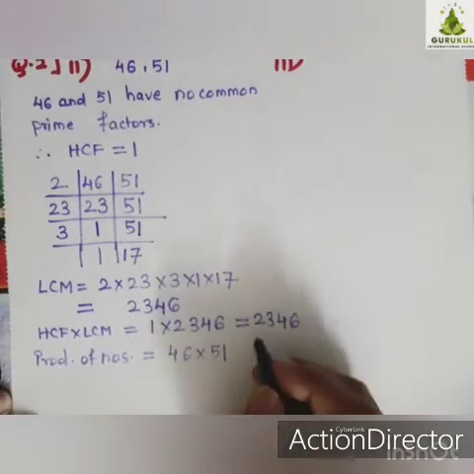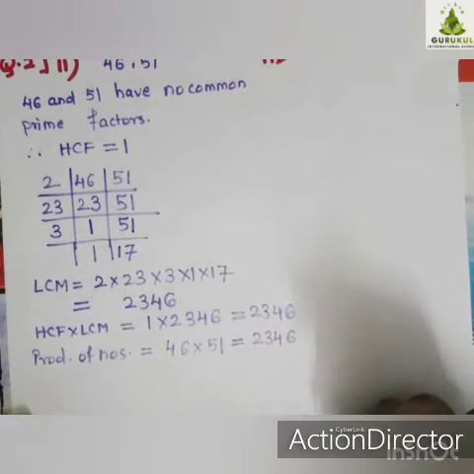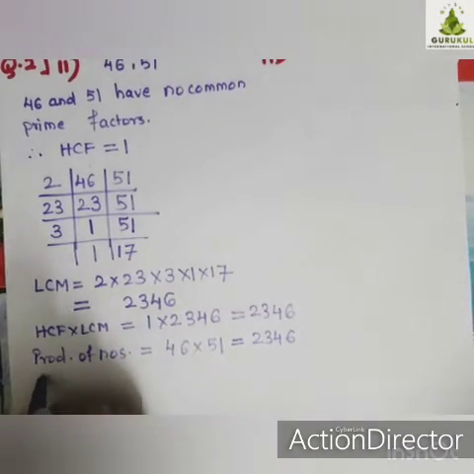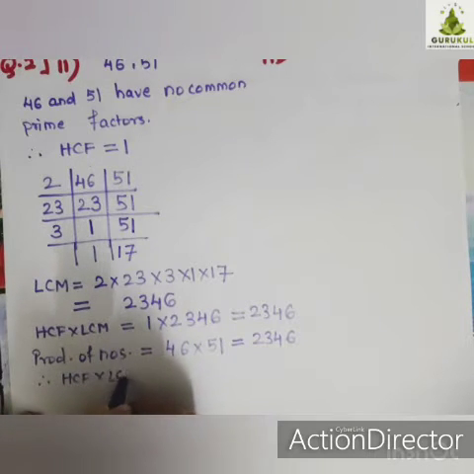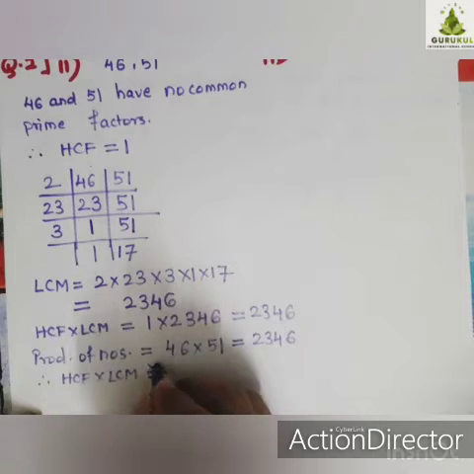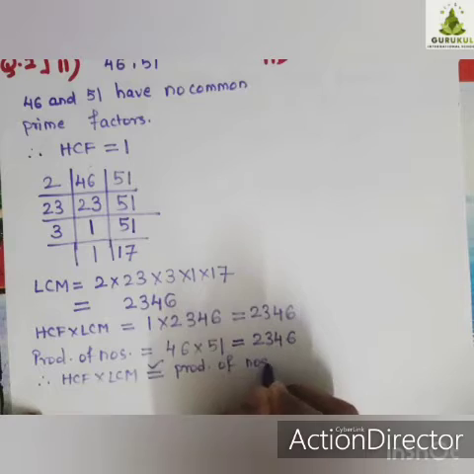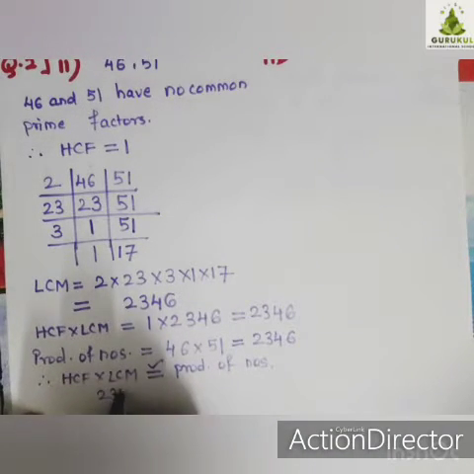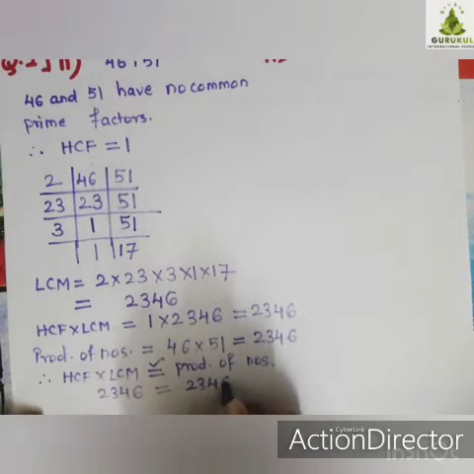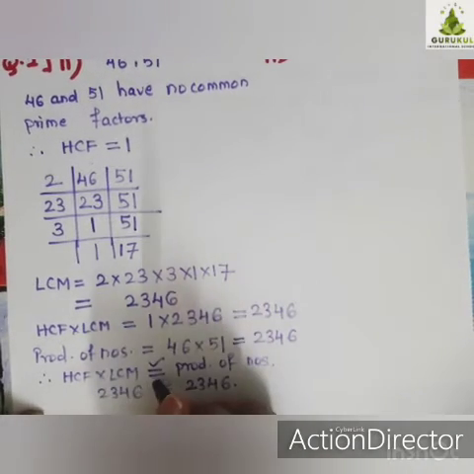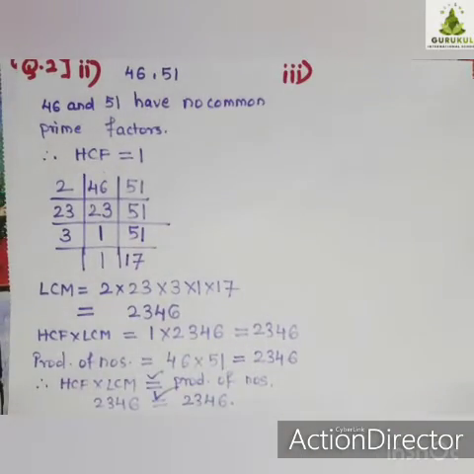And if you do that multiplication, you get the same number, that is 2346. Therefore, we can write HCF into LCM is equal to product of numbers. That is 2346 is equal to 2346. This is true. Okay, so this is how you have to solve this sum.